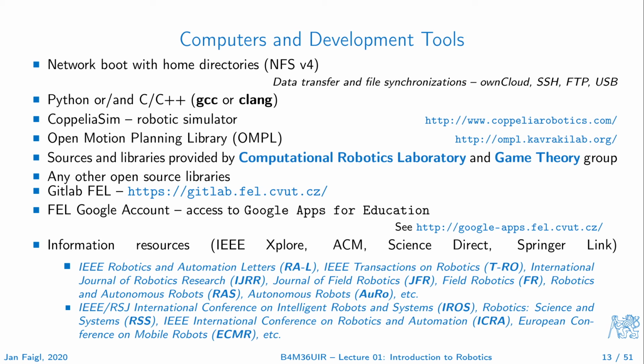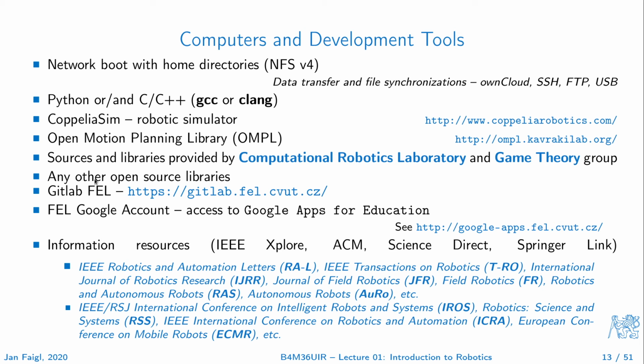And for motion planning and asymptotically optimal motion planning, you should become familiar with the Open Motion Planning Library, because most of the algorithms are already available there. We will also provide you sources and libraries from the Computational Robotics Lab and Game Theory Group, or any other open source libraries you can use.